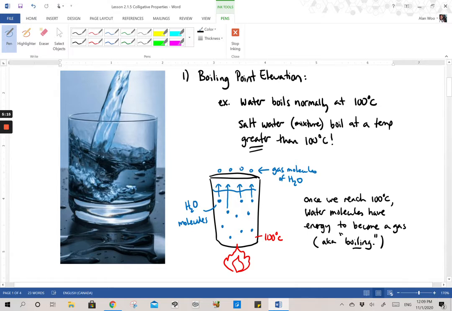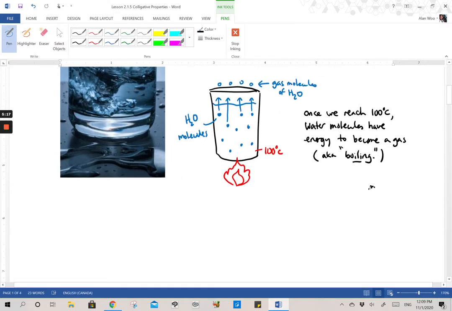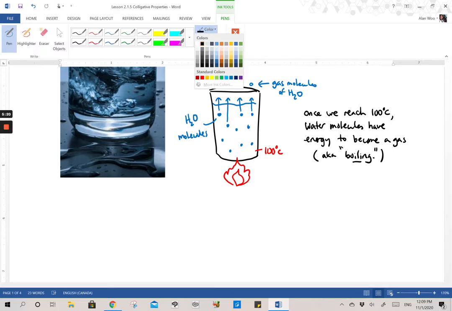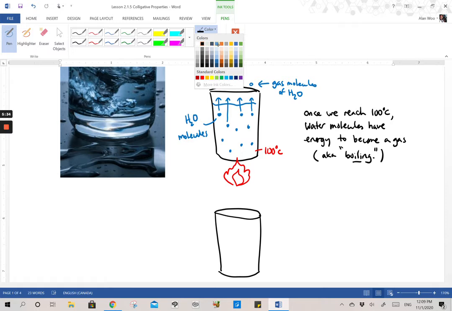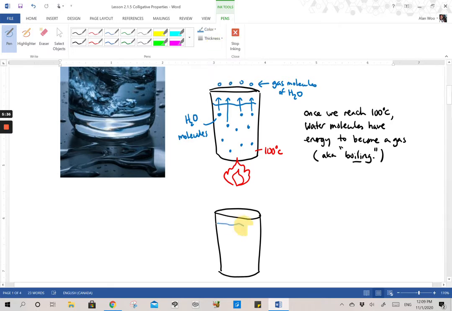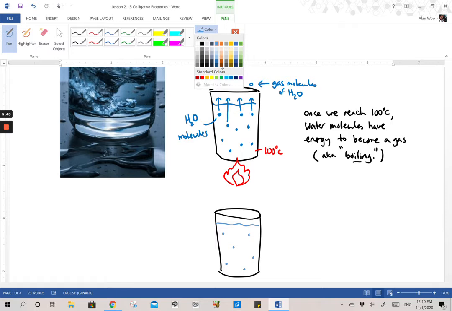So that's normal. Let's look at what happens if you add something like salt. It doesn't even matter if it's salt or if it's sugar, as long as it's something that dissolves in water. So again, we have our water molecules, but this time I'm going to add in some salt molecules.